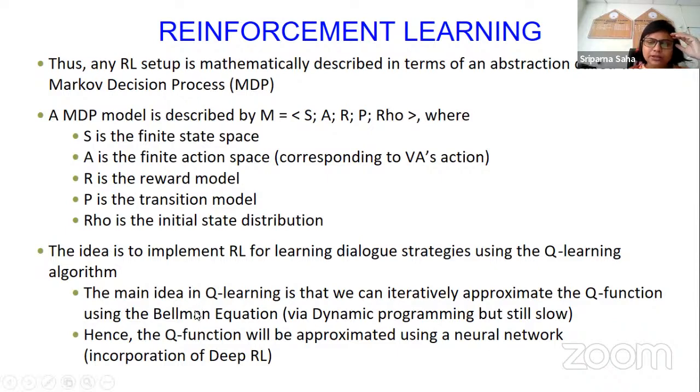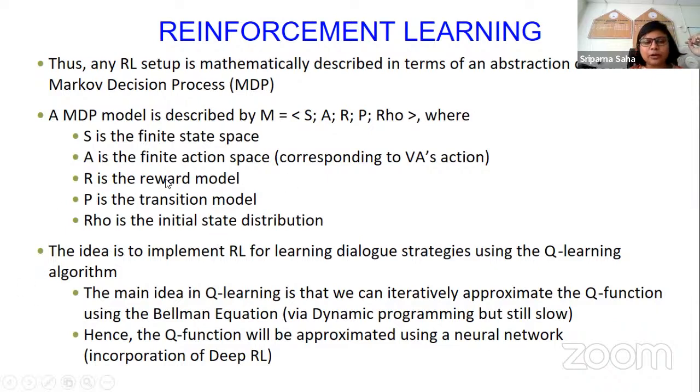Our main task is to maximize the Q function, and this Q function can be estimated by the Bellman equation. There could be a neural network which can approximate the Q value function. Hence the Q function will be approximated using a neural network, which is called deep RL.